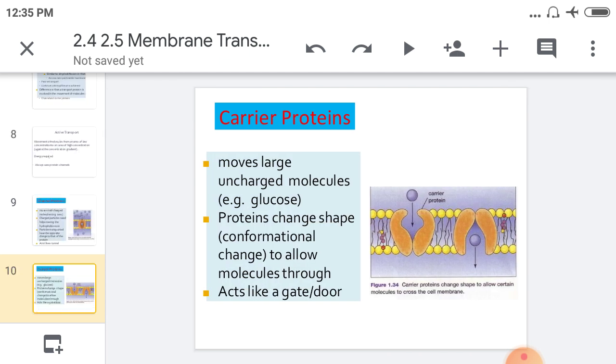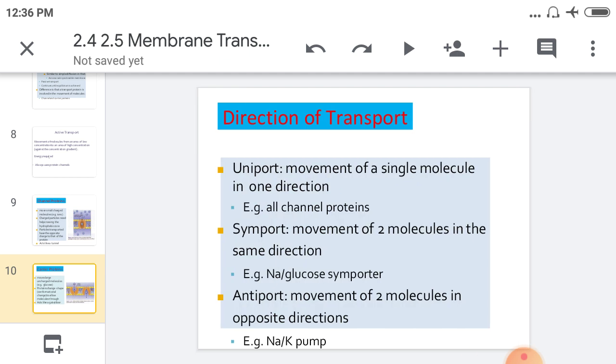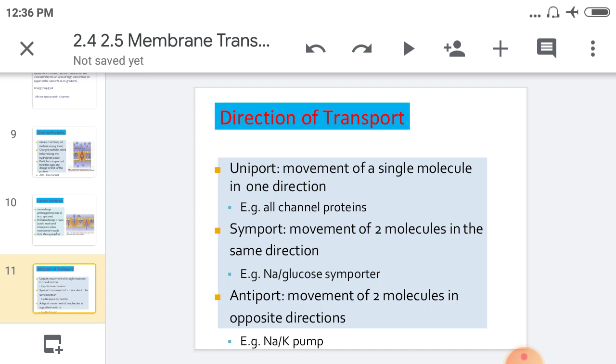Here the carrier protein moves large uncharged molecules, for example glucose. The protein changes shape to allow the molecule through. Then direction of transport. Uniport means movement of a single molecule in one direction, for example channel protein. Symport means movement of two molecules in the same direction, for example sodium and glucose transport.